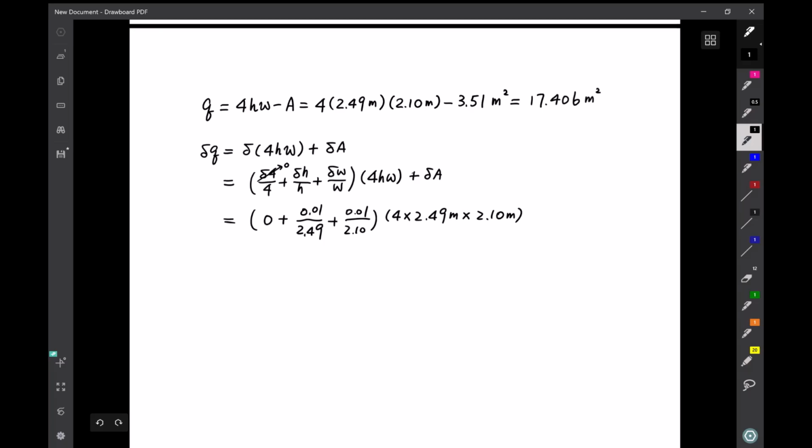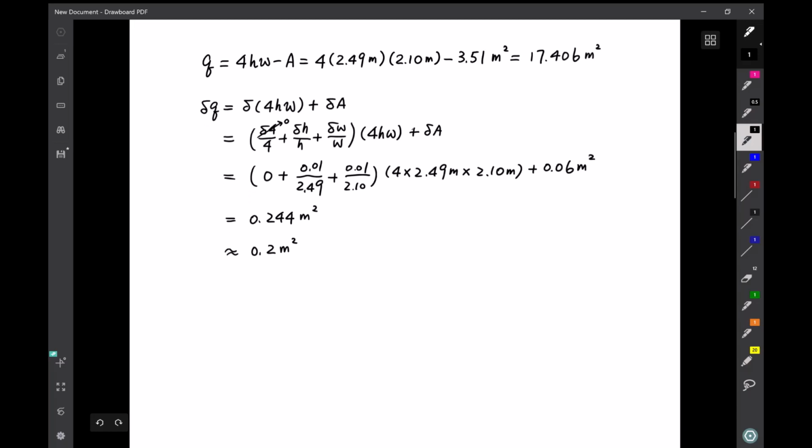You see, I keep the units except when I calculate the relative uncertainty. 0.06 meters squared is delta A, and you find that to be 0.244 meters squared. Because this is already an absolute uncertainty, I can round it off to 0.2 meters squared.